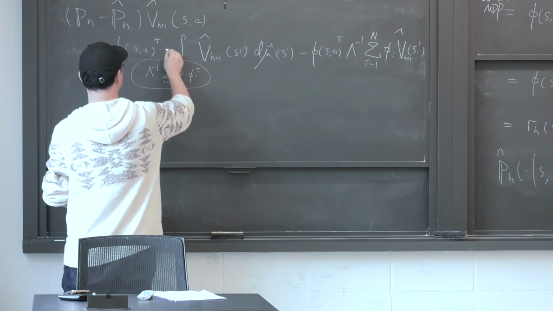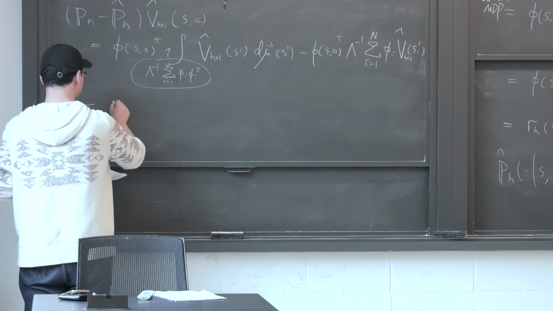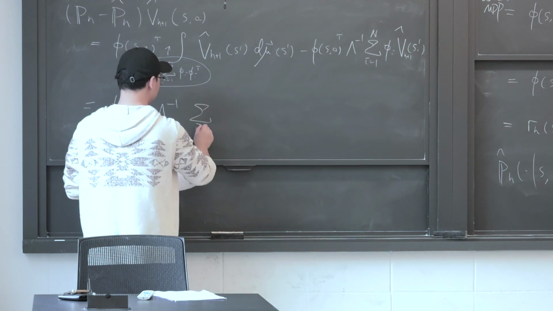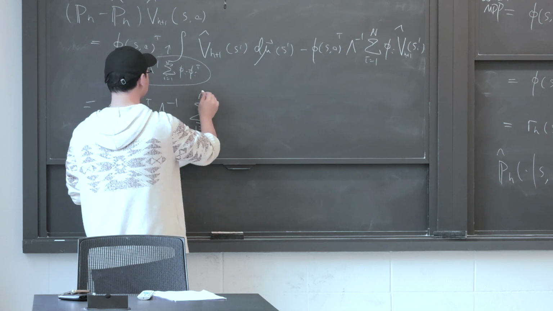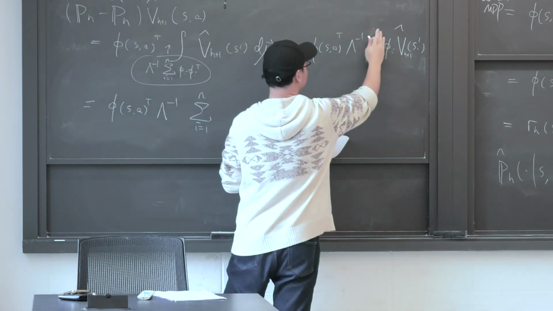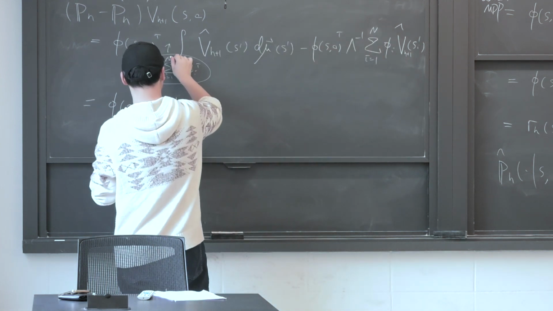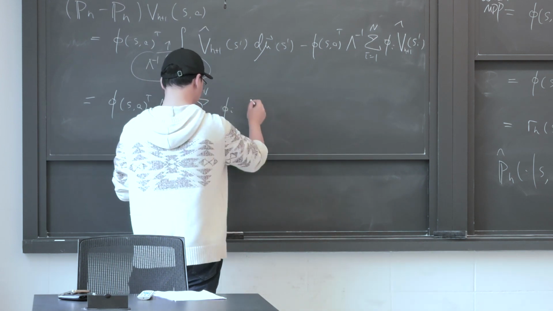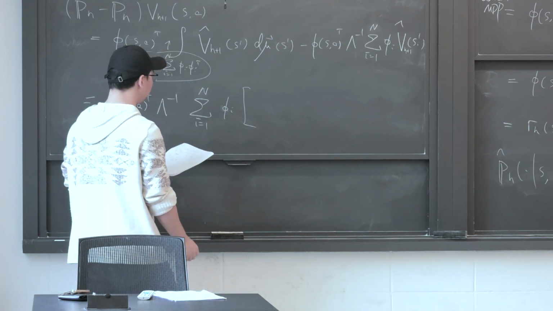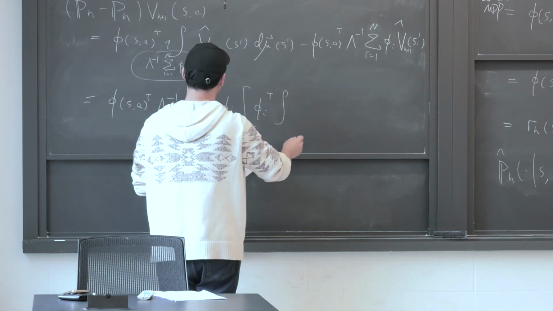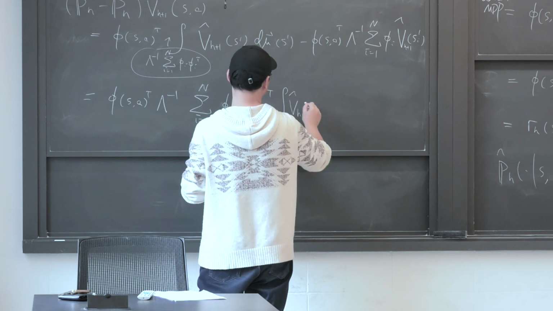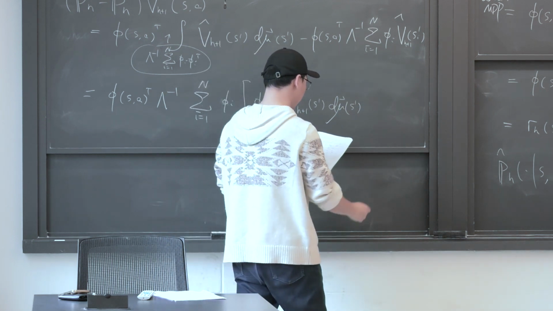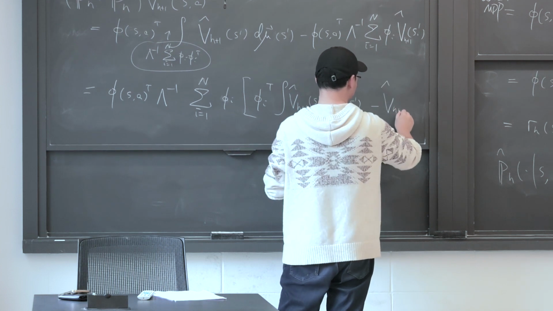So we add this identity inside, and this is equal to phi SA transpose lambda inverse summation I from 1 to capital N, where little n is always the little one, sorry, this is capital. phi I, and we say phi I transpose is integral of VH plus 1 hat S prime d mu hat S prime, and subtract this V hat H plus 1 Si prime.